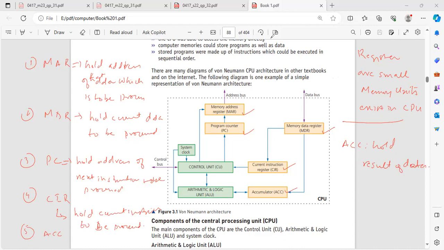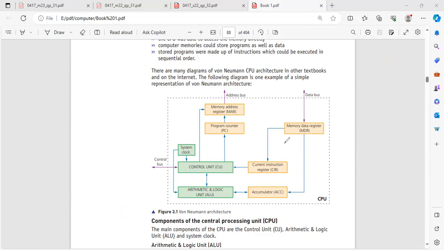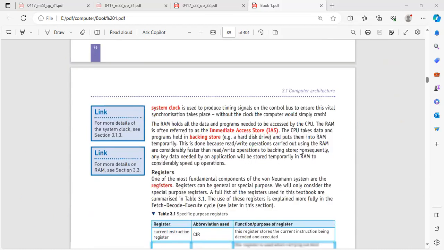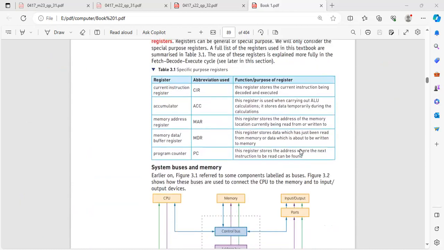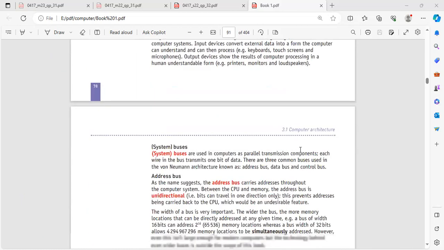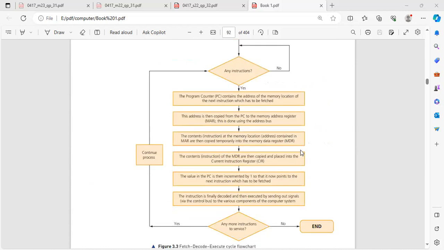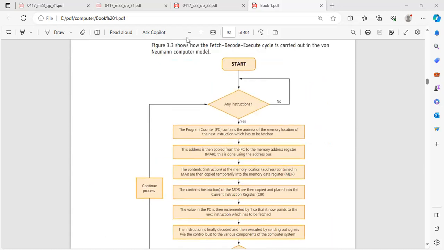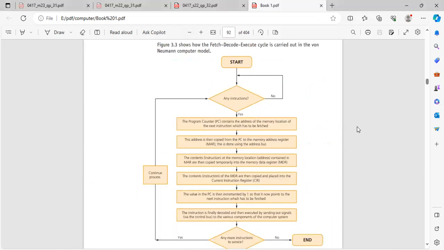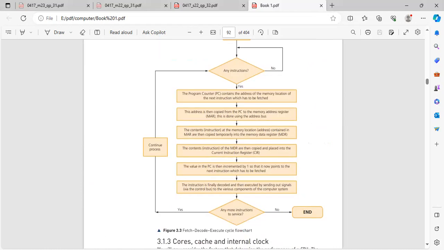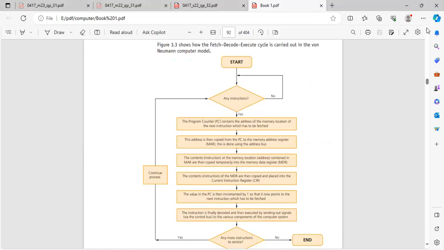Okay. Before reading this, you have to see this diagram. Now, how does the CPU basically work? It checks: is there any instruction?